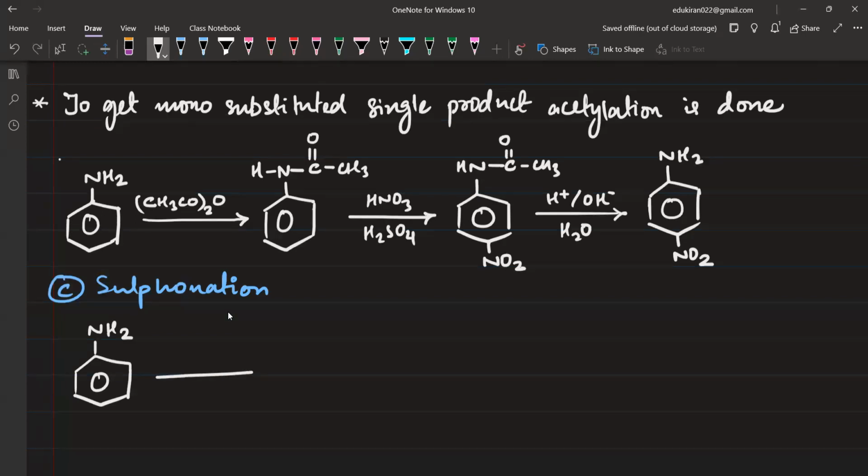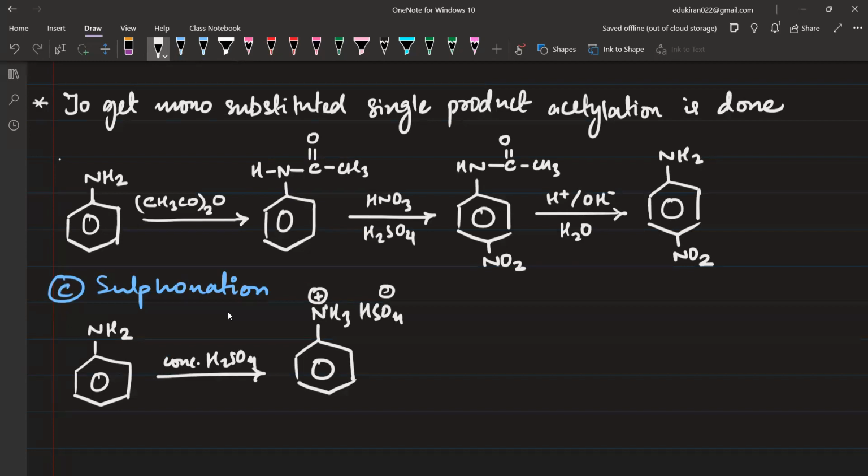You react this with concentrated H2SO4. First of all, there will be some salt produced, NH3 positive and HSO4 negative. Okay?